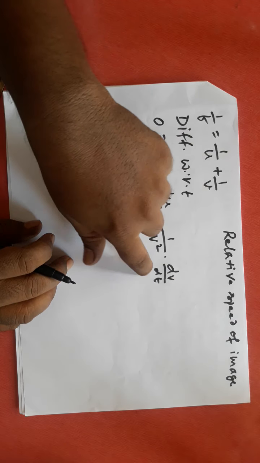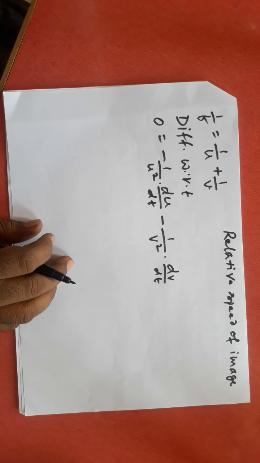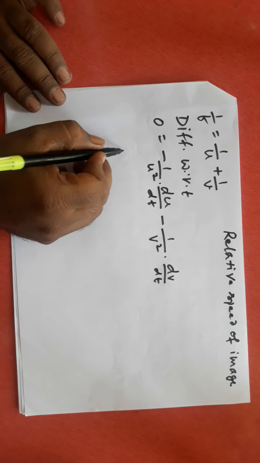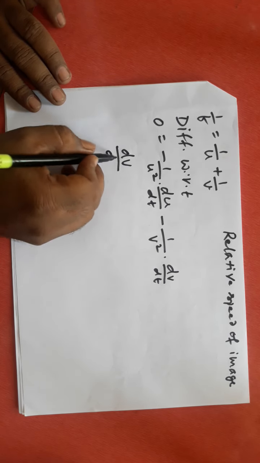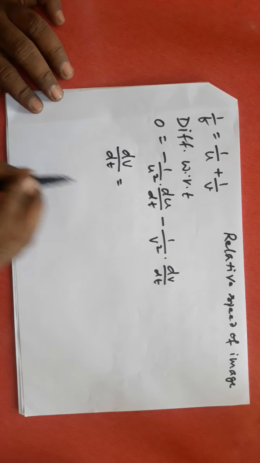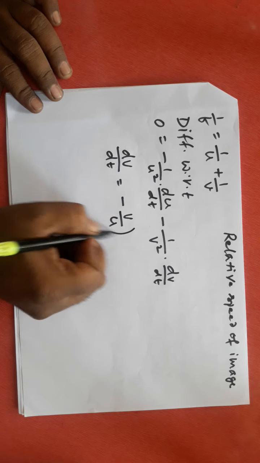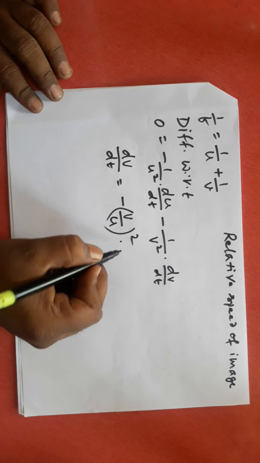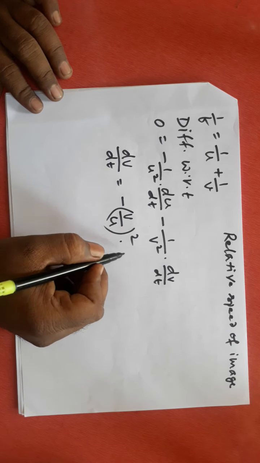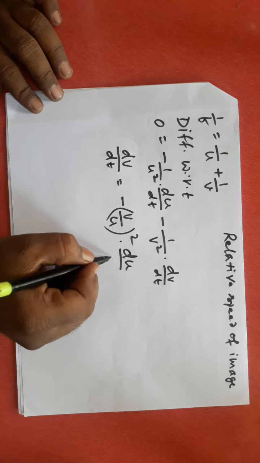Rate of change of image distance gives the velocity of the image. On simplifying, you get dv by dt equal to minus (v by u) whole squared into du by dt.